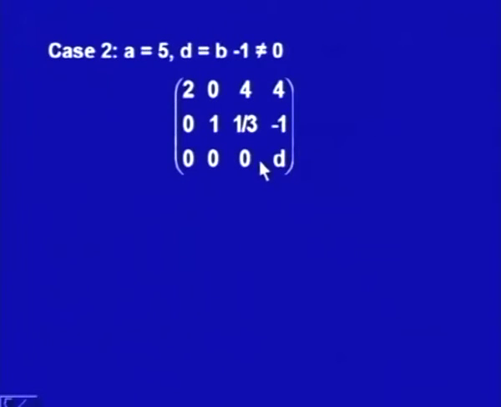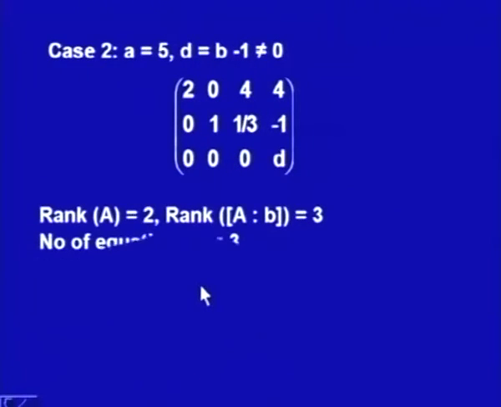So, that means that rank of matrix A cannot be 3, because this row is going to be 0, but there exists a minor having non-zero determinant. So, the augmented matrix may have rank 3, but the matrix A has rank 2. So, this system is not consistent.